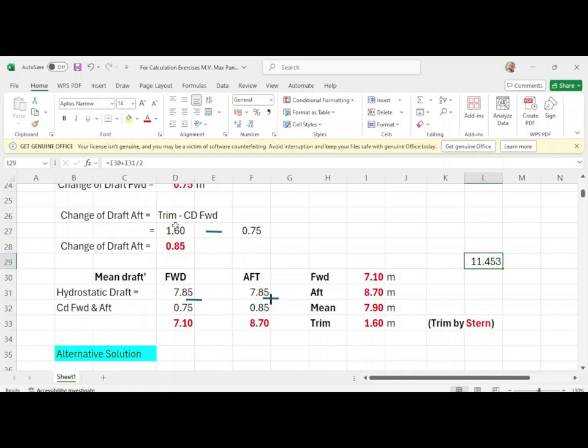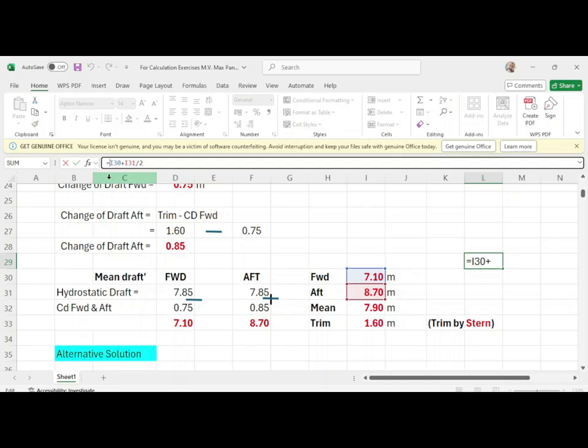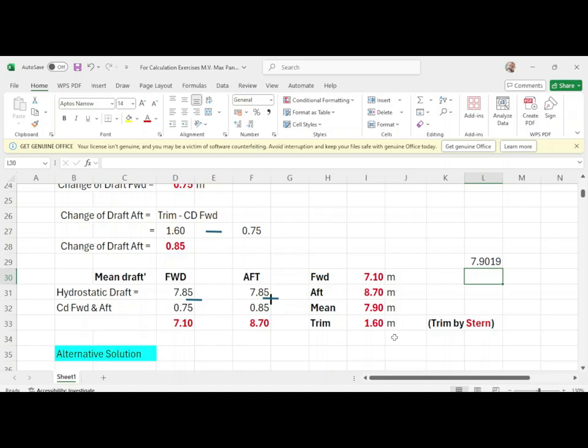Once you put this sum, open and close here, then enter. Manual: 8.70 and 7.10.